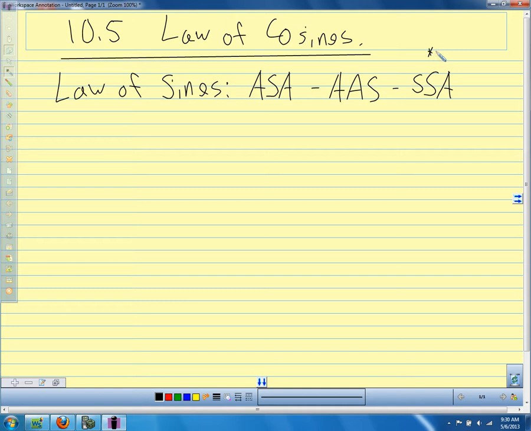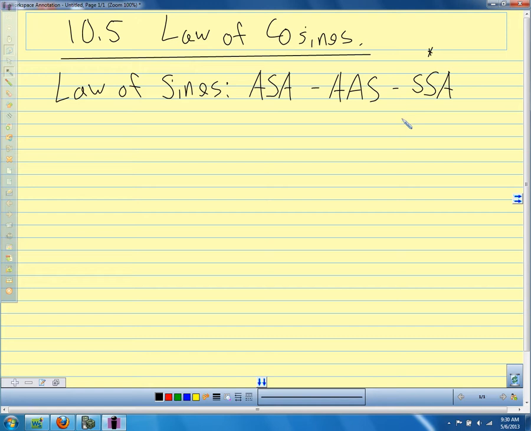And for side side angle, sometimes we had an ambiguous case. We didn't do much with the ambiguous case other than saying that there is such a thing. So these three kinds of triangles are the kinds of triangles that we use the law of sines for.